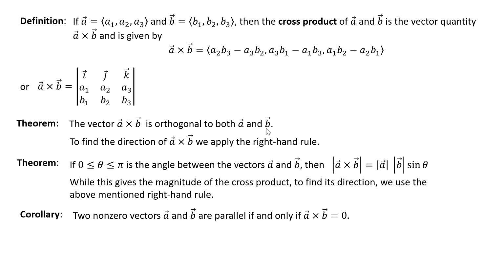Two non-zero vectors a and b are parallel if and only if. Did I mention what this phrase "if and only if" is? Well, that's a pretty important phrase in mathematics, and it doesn't have the same meaning as regular day-to-day English.